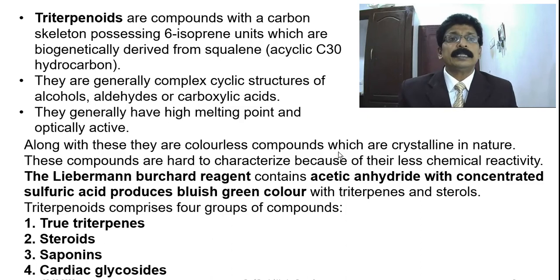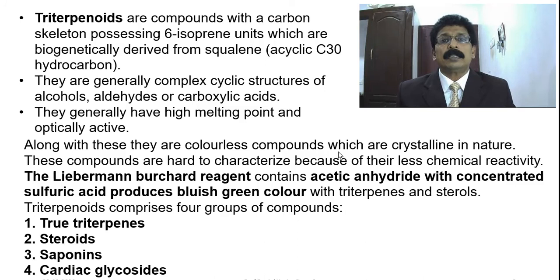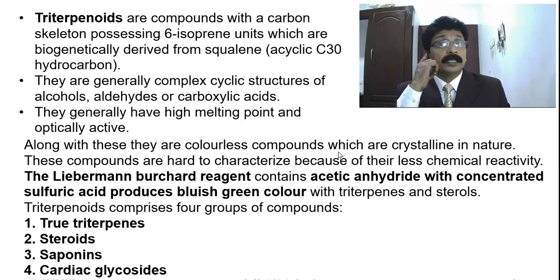And now you see, triterpenoids are compounds with a carbon skeleton possessing 6 isoprene units. You know that 2 isoprene units, when it is 10 carbon atoms, for example geranyl pyrophosphate, 10 carbon atoms, we can say monoterpene.